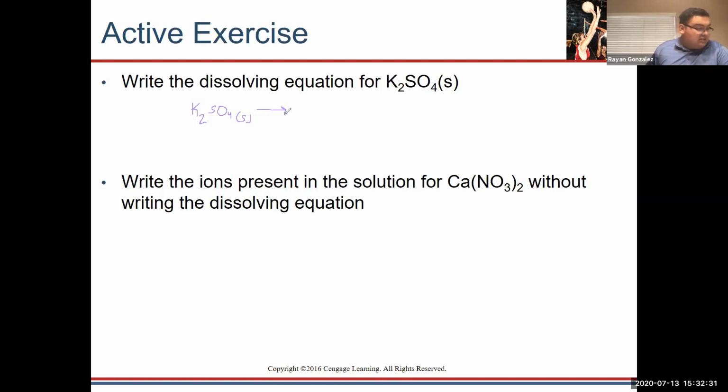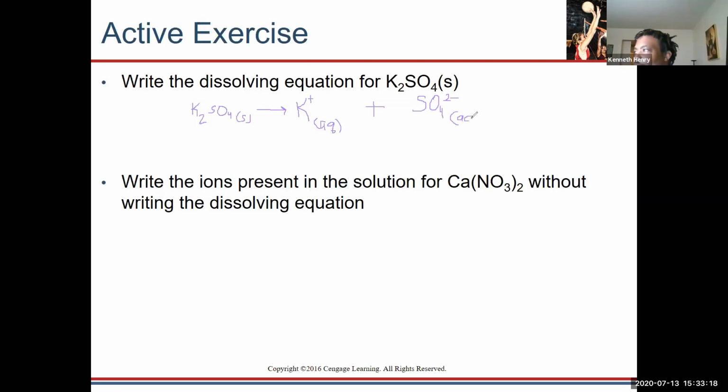K plus aqueous plus SO4 2 negative aqueous, but I think it needs to be balanced.